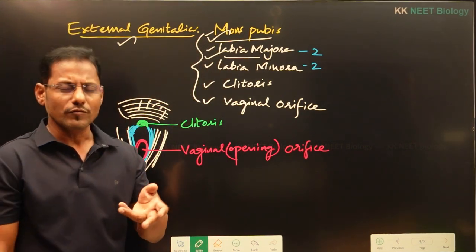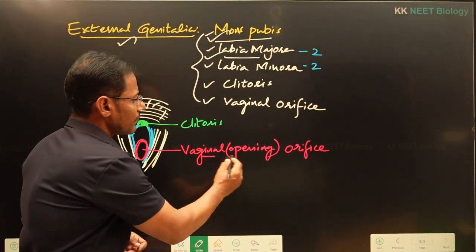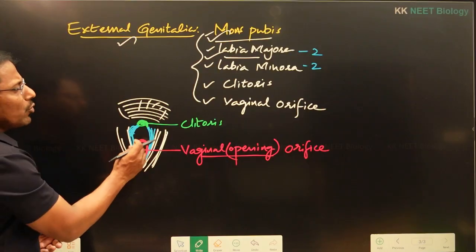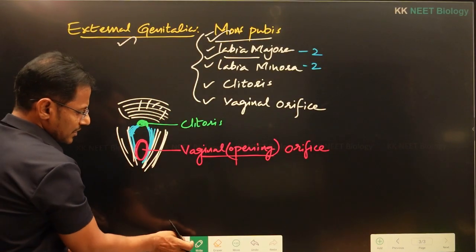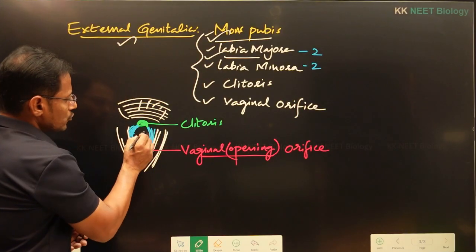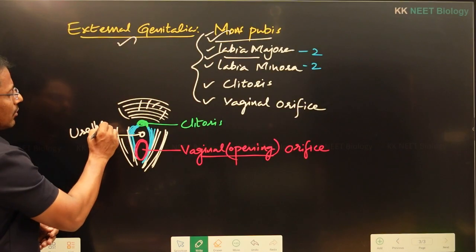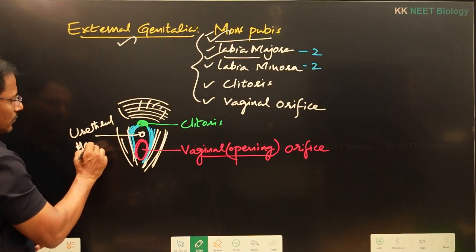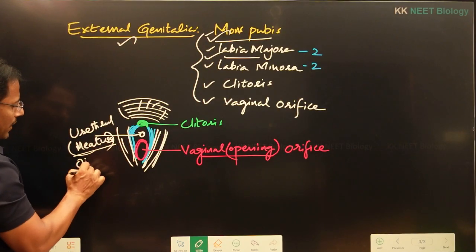The vaginal orifice is a small hole opening to the outside, known as an orifice. Above this vaginal orifice, we can see a small hole, the urethral opening. This is the urethral meatus.